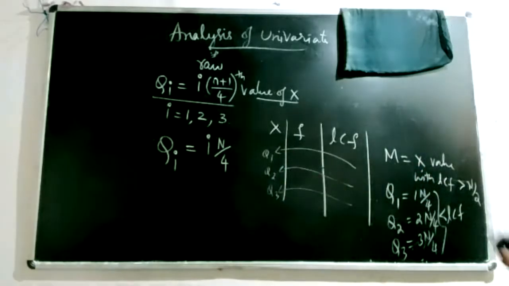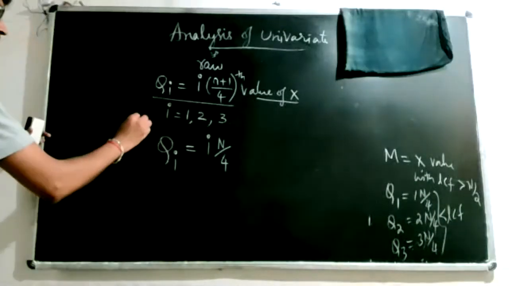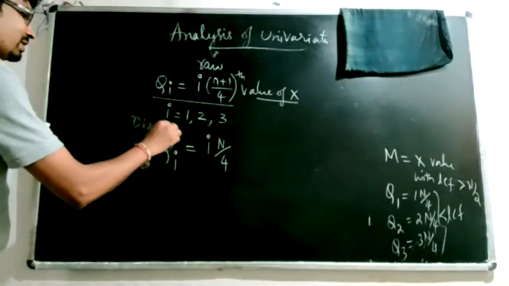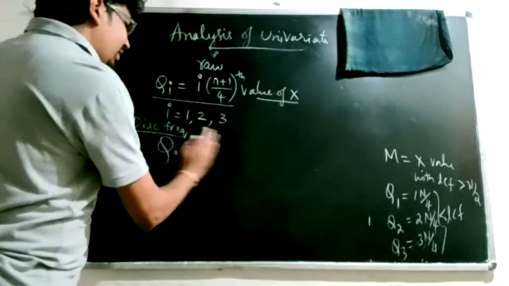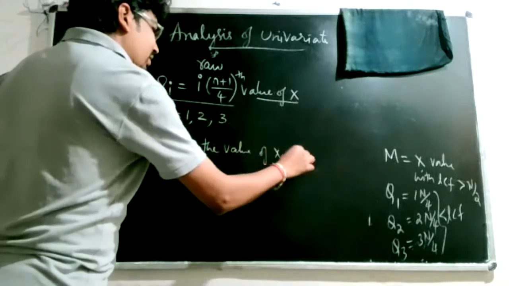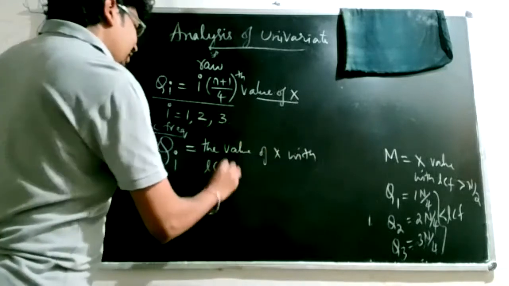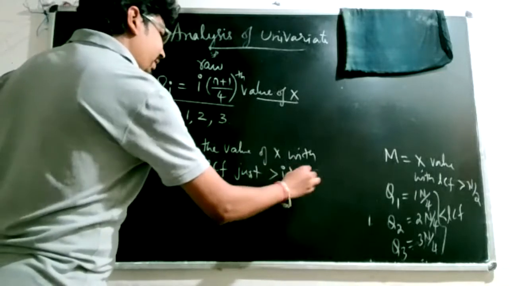And coming to the continuous case, we have class intervals given to us. So this is the formula for discrete frequency data. We say Qi is the value of x with LCF just greater than in by 4.